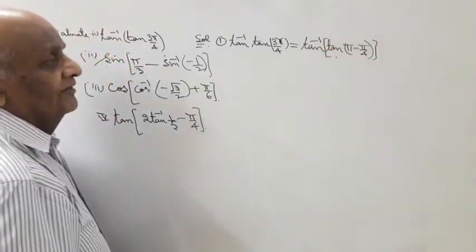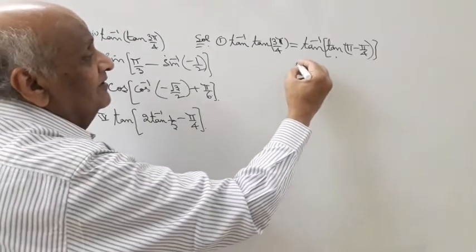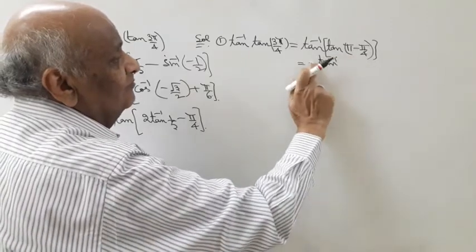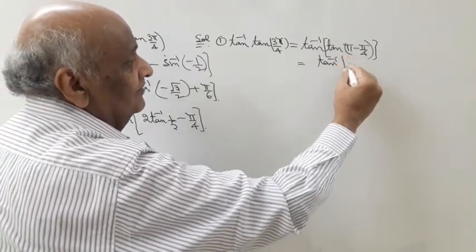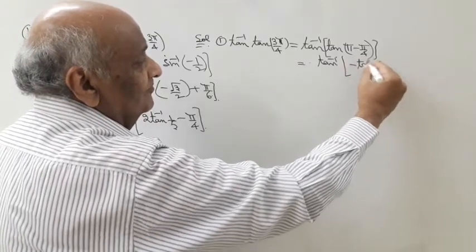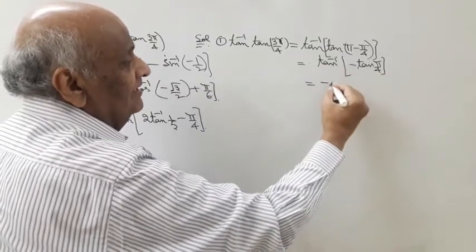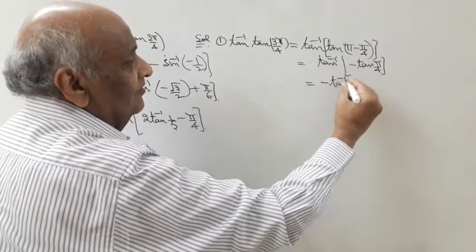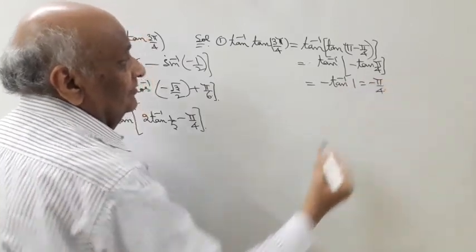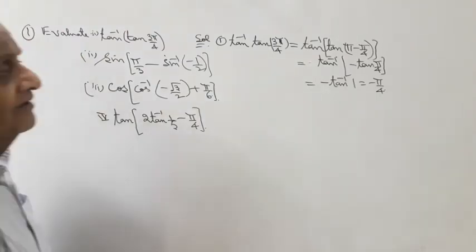See, it is tangent of pi minus pi by 4. That becomes equal to tan inverse of minus tan pi by 4. Take one step more. It is minus tan inverse of 1, that is minus pi by 4. So the answer for the first case is minus pi by 4.